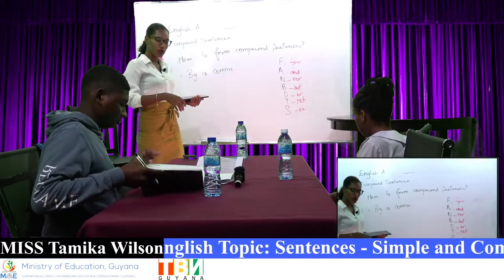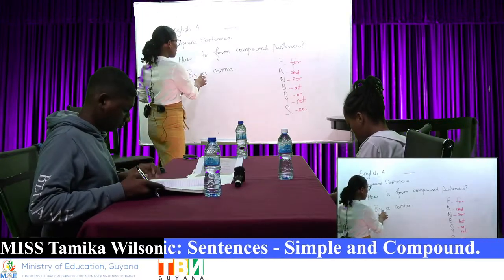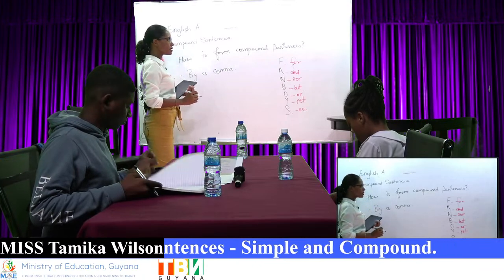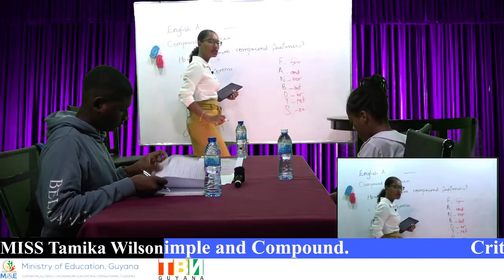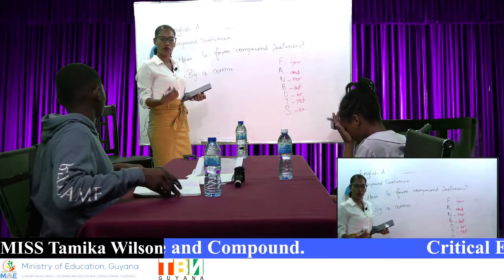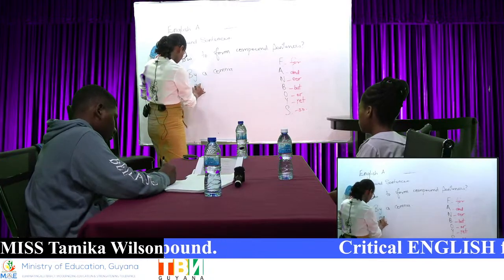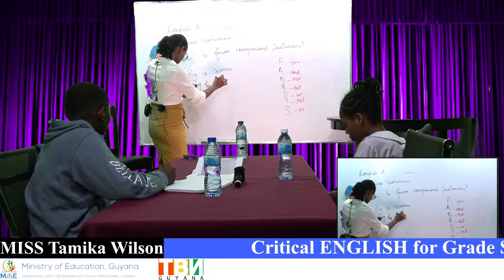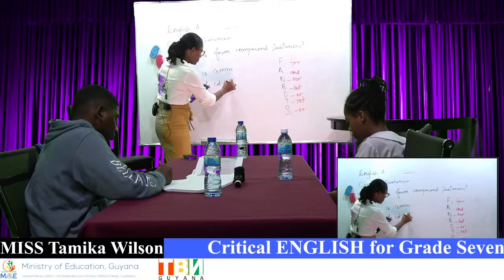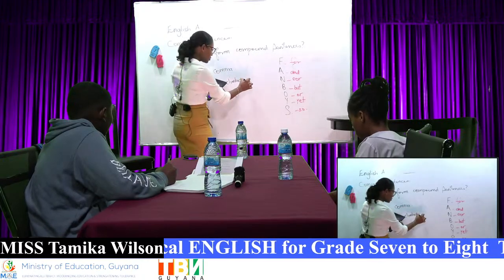So what do we do? We have two simple sentences, and we must use the comma to join the simple sentences before we add the coordinating conjunction to join those sentences. Let's look at an example. Our sentences are: the cat climbed onto the roof.